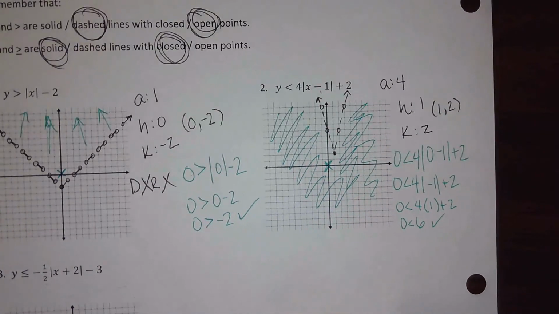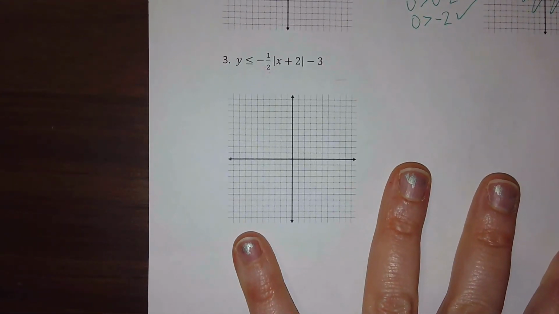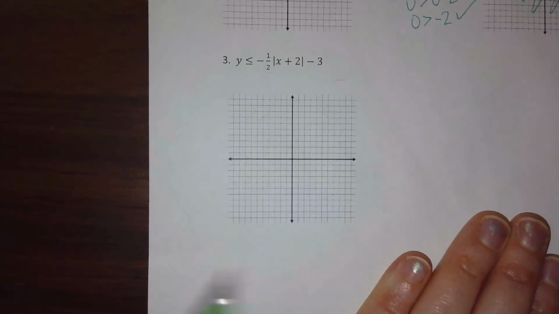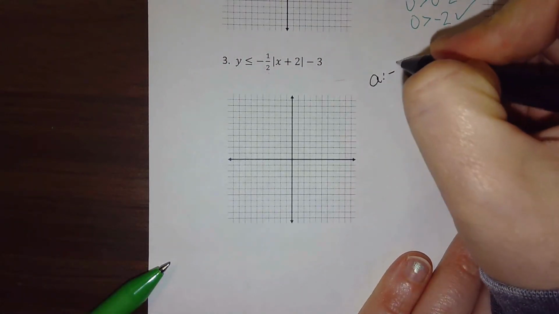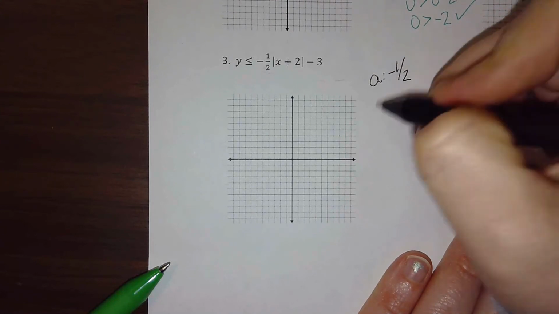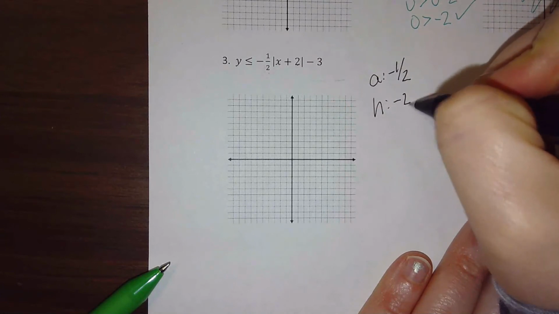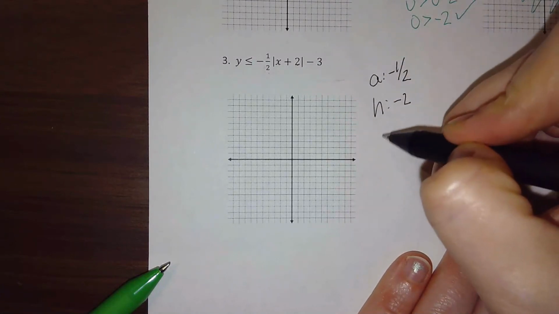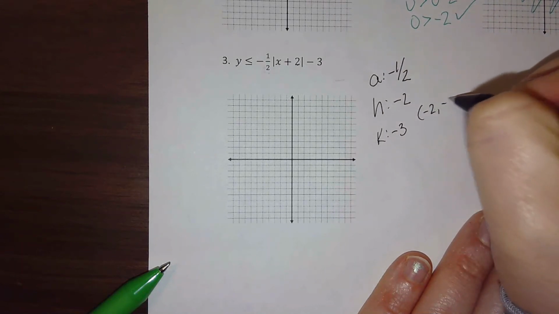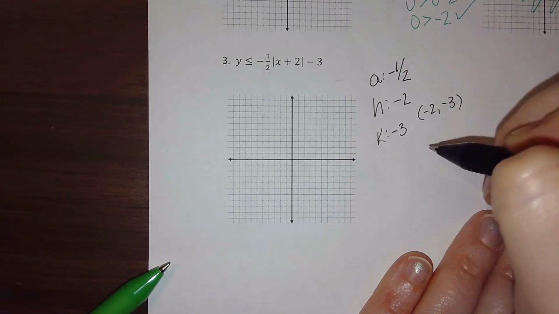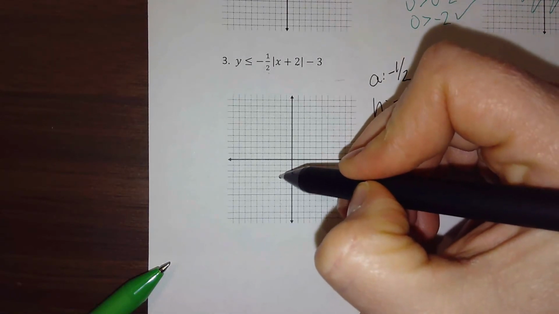Okay. So the last one that we've got is this graph right here, which gives me some different values. A is negative 1/2. H I have a plus 2, so it's going to be a minus 2. My K value is going to be a negative 3. So I have negative 2, comma, negative 3. So I'm going to go to negative 2, down 3, put my dot.